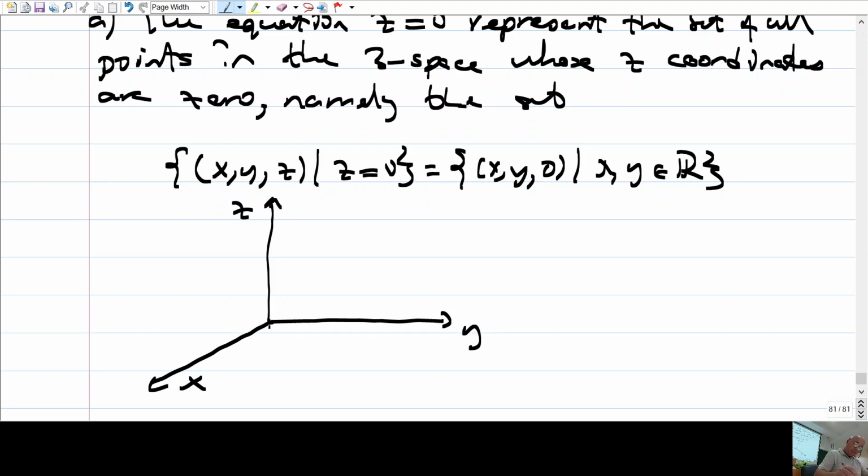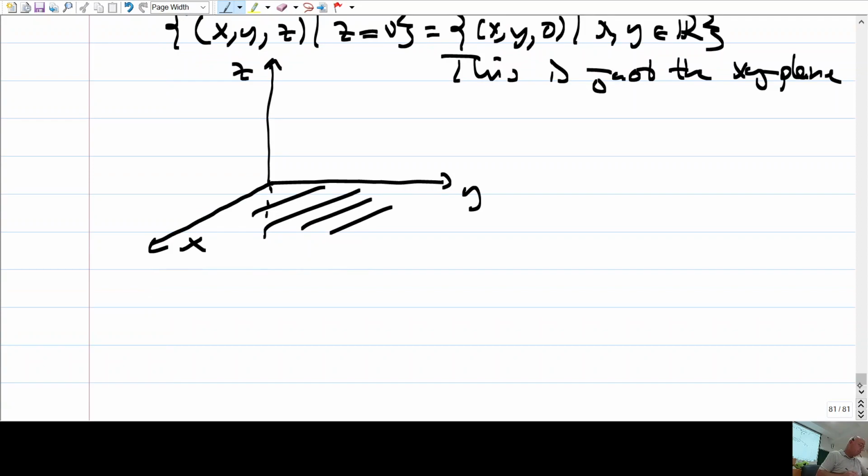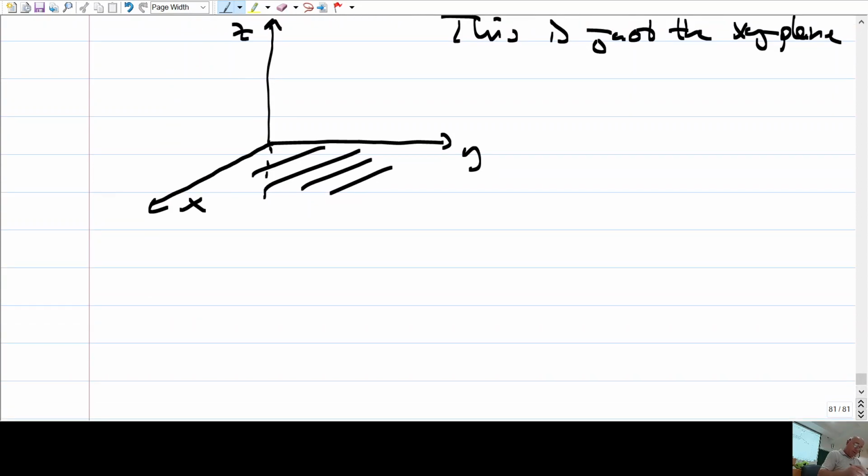Z coordinate is 0 means you just have the XY plane. So this is just the XY plane.